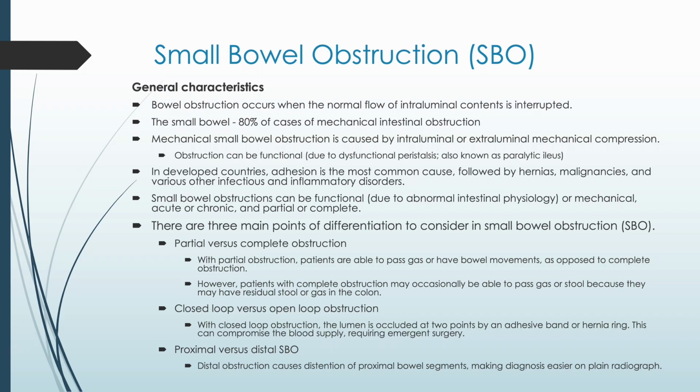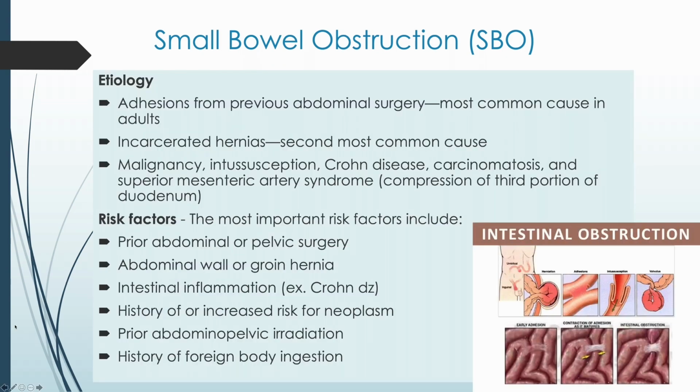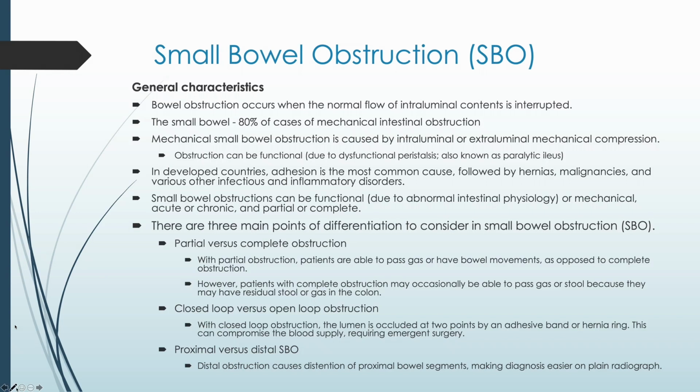There are three main points of differentiation to consider in small bowel obstruction. Like we said, partial versus complete. Now, a partial obstruction, let me get my drawing tool out. If you have a gut, let's say this is a gut, there's a nice wall here. A partial obstruction means that there is some sort of inflammation or blockage, but you still have a little bit of means for things to pass through.